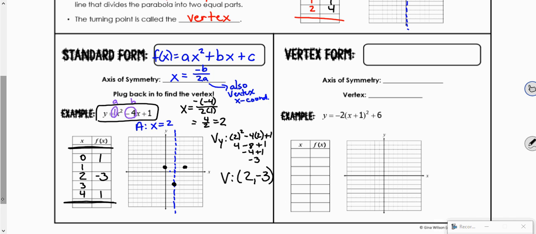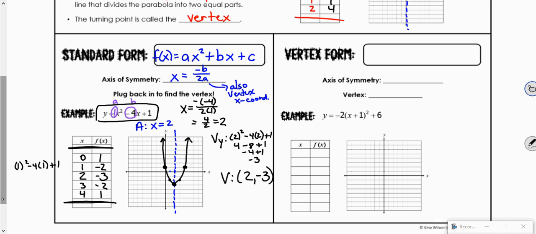If I plug in a 1, 1 squared minus 4 times 1 plus 1 is going to give me a negative 2. So this is negative 2, and this is negative 2. Here is my parabola. Again, they should be mirror images on either side of the axis of symmetry.